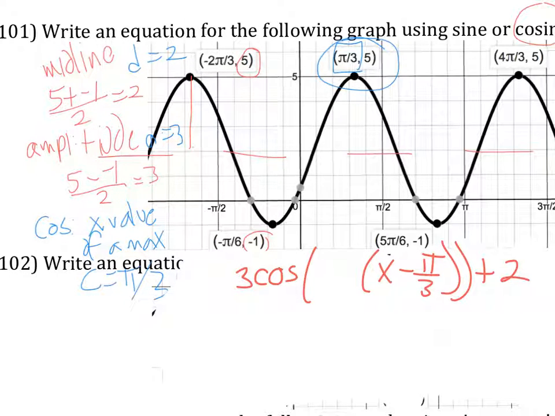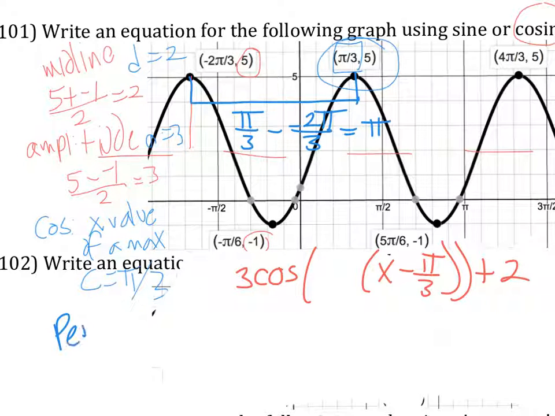So finally we need a period. The period is going to be the distance horizontally between two maxima or two minima. So here I would do pi over 3 minus negative 2 pi over 3, which happens to be pi.